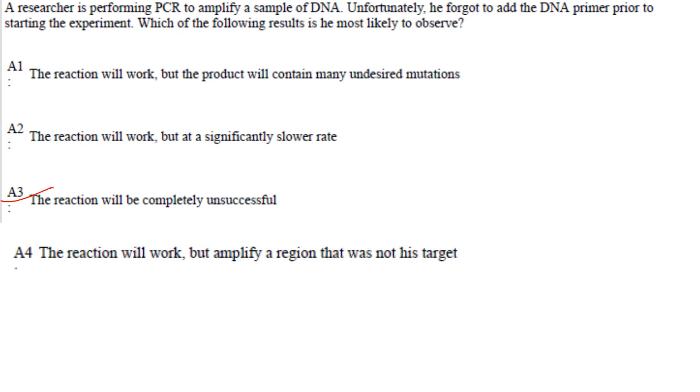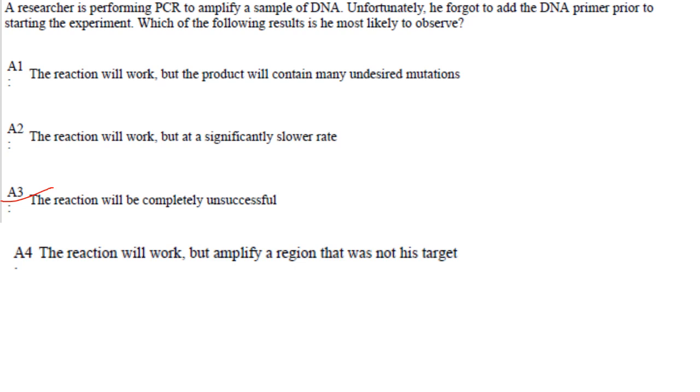Then next one. A researcher is performing PCR to amplify a sample of DNA. Unfortunately, he forgot to add the DNA primer prior to starting the experiment. Which of the following results is he most likely to observe? The reaction will work, but the product will contain many undesired mutations. The reaction will work, but at a significantly lower rate.